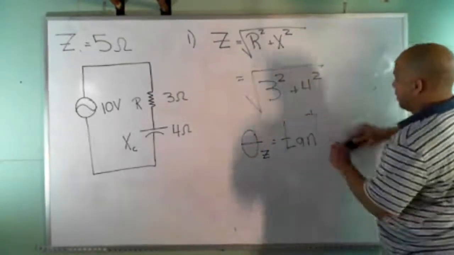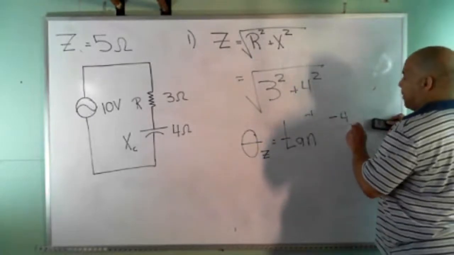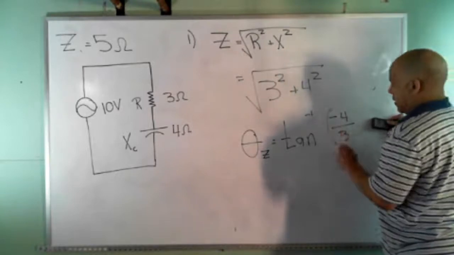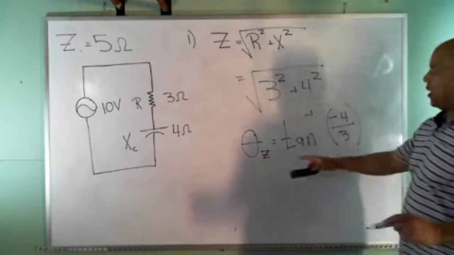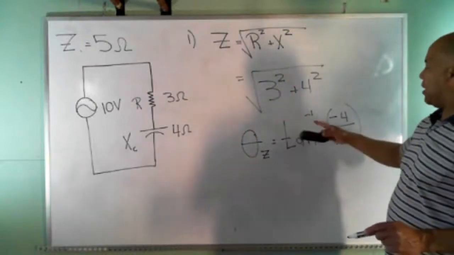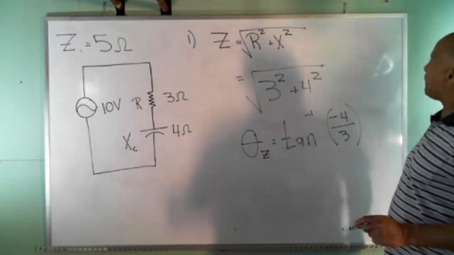So I have minus 4 over 3. If somebody has a calculator, make sure you're in degrees, do the inverse tangent of minus 4 over 3, and tell me what you get.